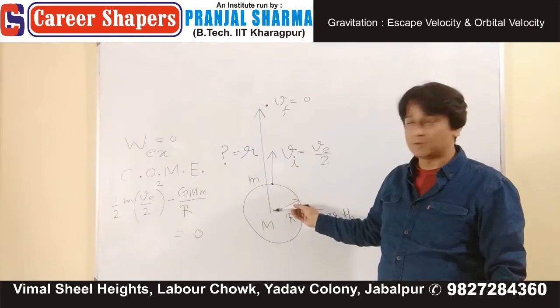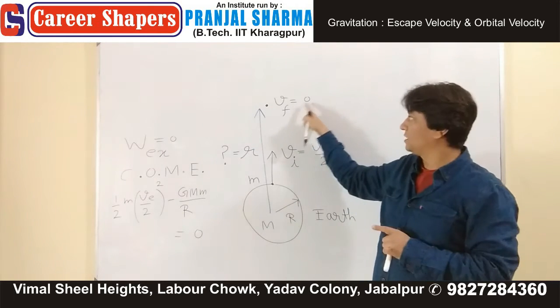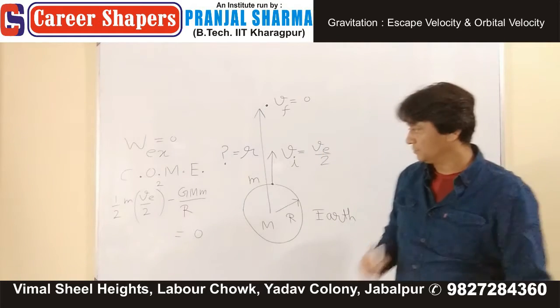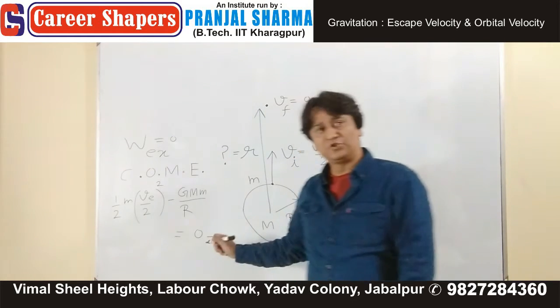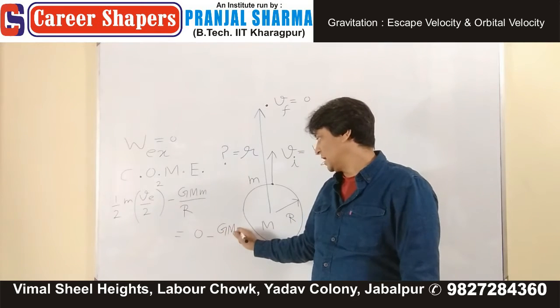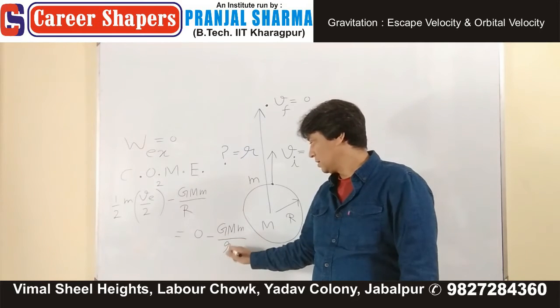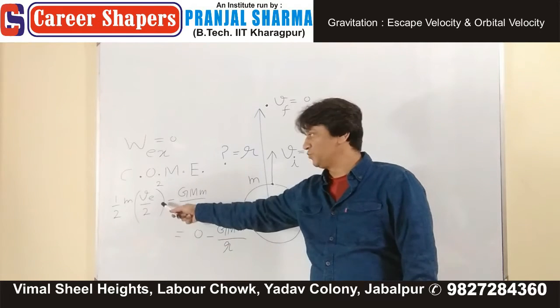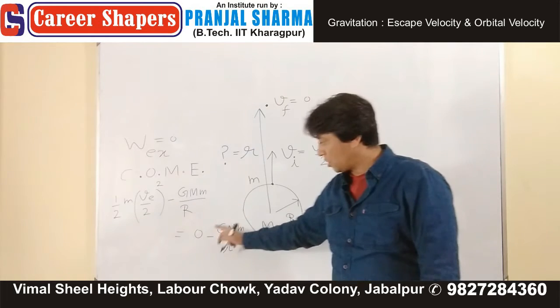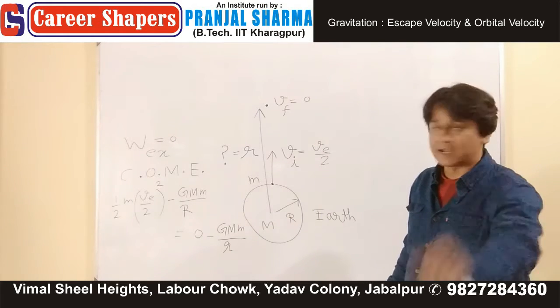So what is the maximum? When its instantaneous speed becomes 0. And what is potential energy? Minus of GMm divided by r. Just because it's v, you should not write 0, because the object is not reaching infinity this time.